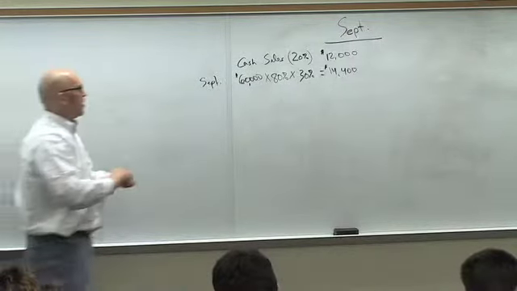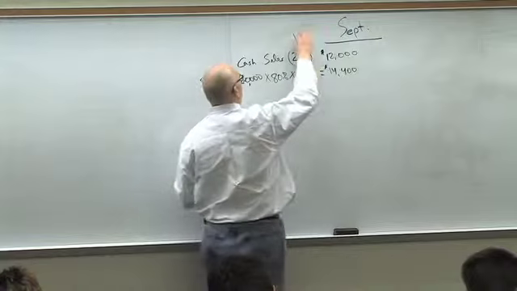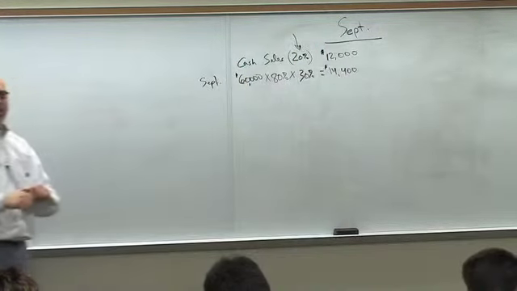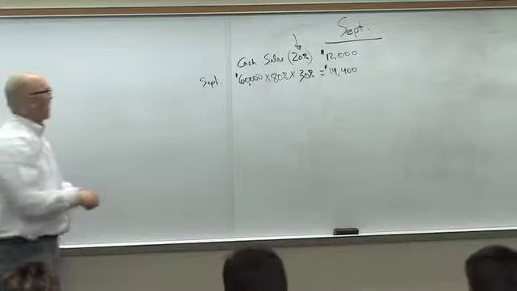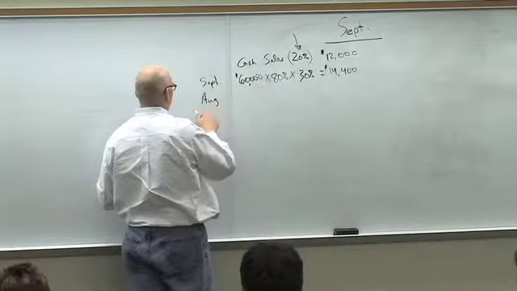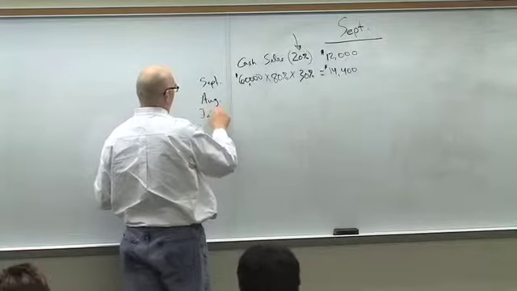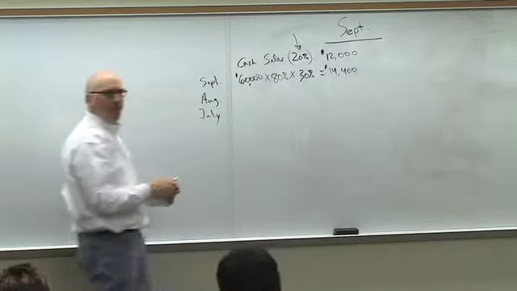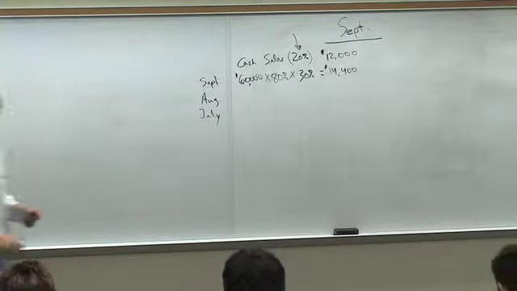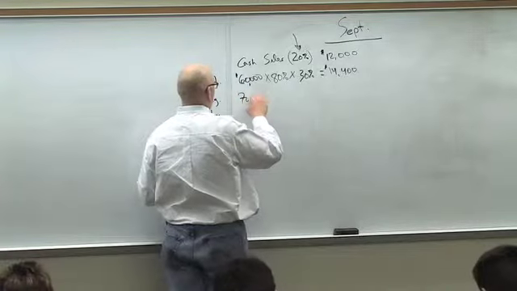It's an additional wrinkle because what was unique about this particular problem was that we had cash sales. So this is September. We're also going to have August and then July. We've got to do this for all of those months. August is $70,000.